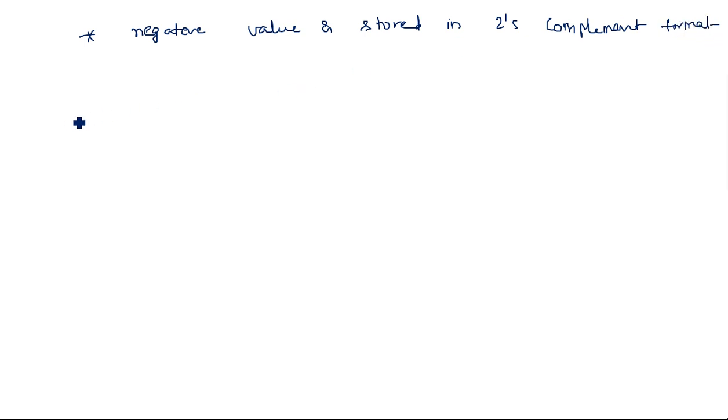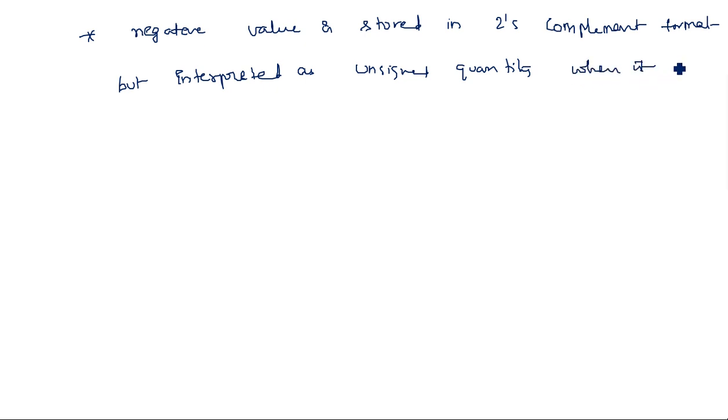So if any negative data is there, that negative value is stored in 2's complement format, but interpreted as an unsigned quantity when it is expressed in an expression.